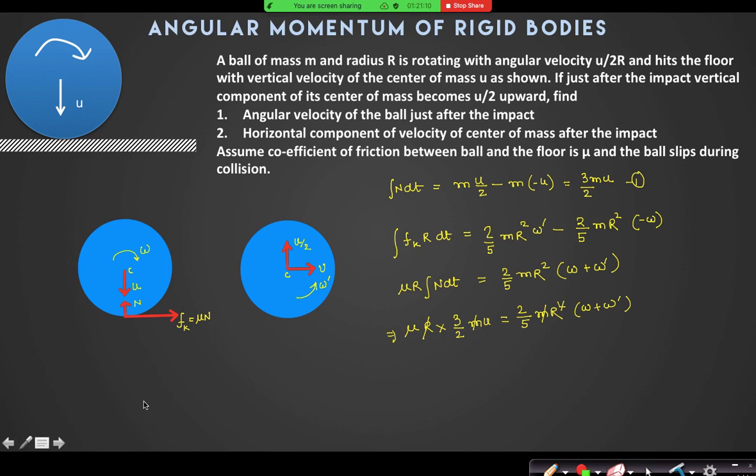So 15 mu u divided by 4r minus omega is equal to omega prime. That gives omega prime equal to 15 by 4r into mu into u minus omega, and omega is u by 2r. So it is u by 4r into 15 mu minus 2.